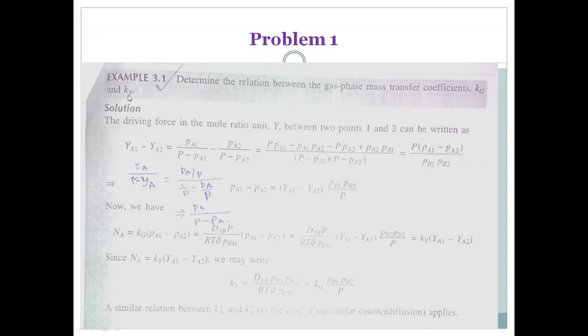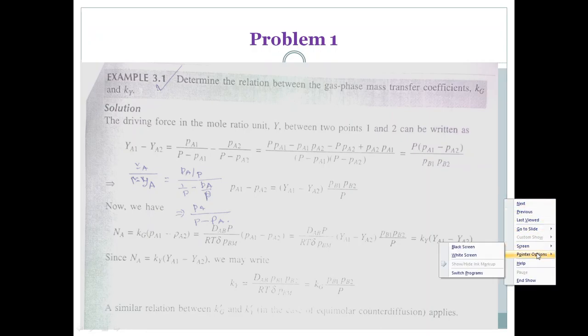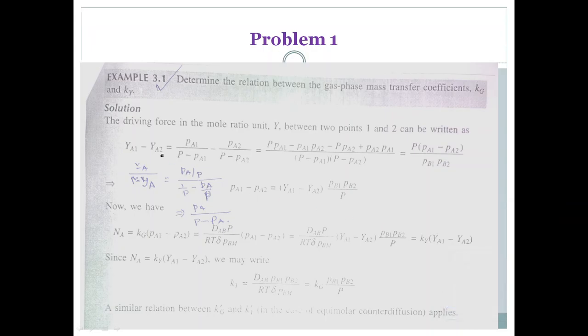As we discussed last day, in this case Na will be small k capital Y, where the driving force is the mole ratio Y1 minus Y2.